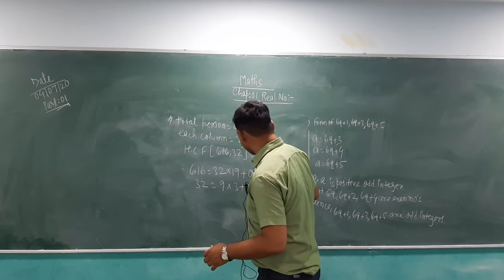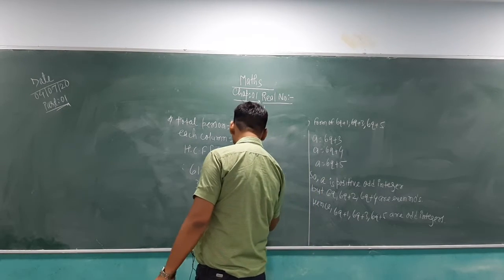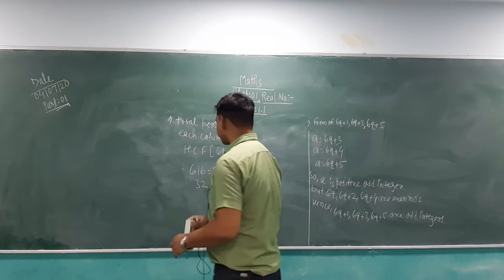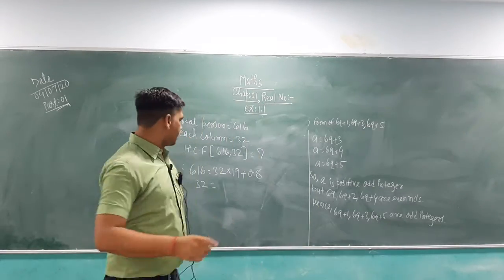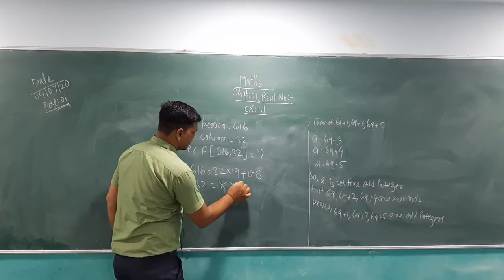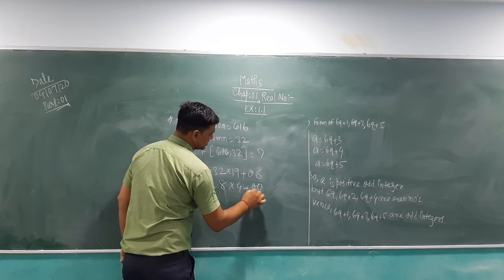Now 32: 8 times 4 is 32, plus remainder 0.